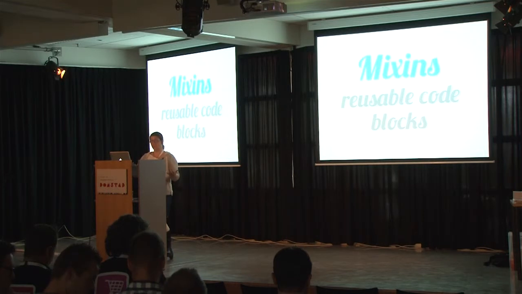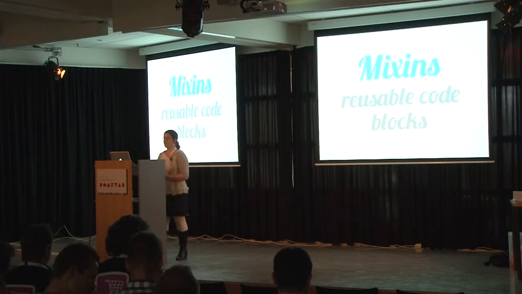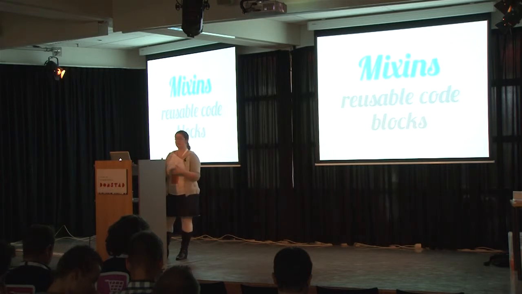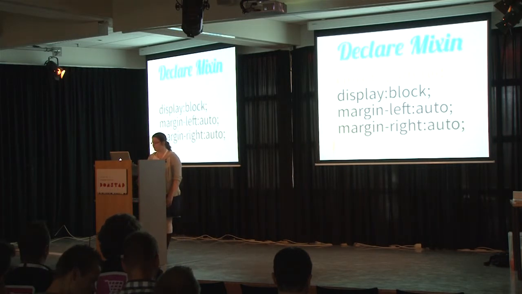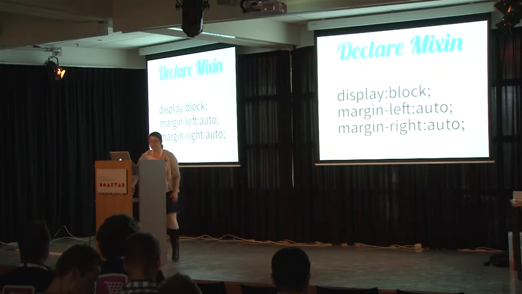But they're only good for single values, and in CSS, you might not just want to reuse single values, but entire blocks of code. So for that, there are mixins. Here's an example of a mixin for something that I do often, which is to center an element.